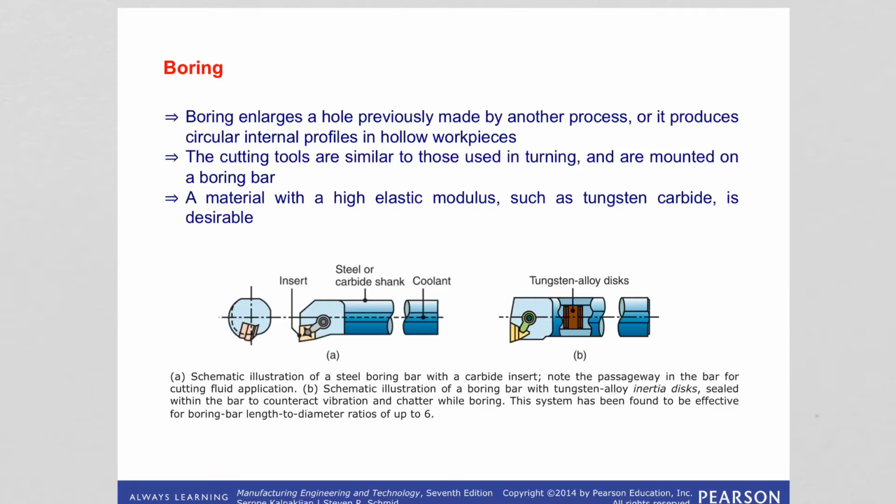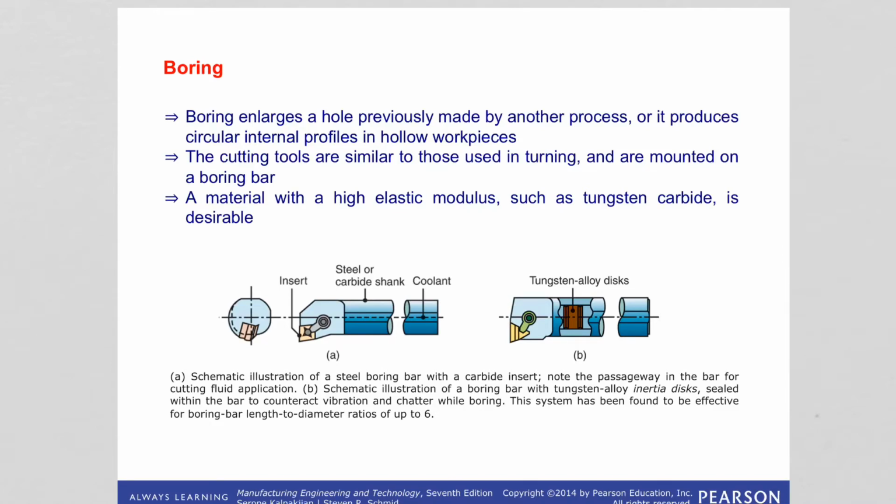The cutting tools that are used in boring are similar to those used in turning, and they are mounted on a boring bar. Boring bars have been designed and built with capabilities for damping vibration.